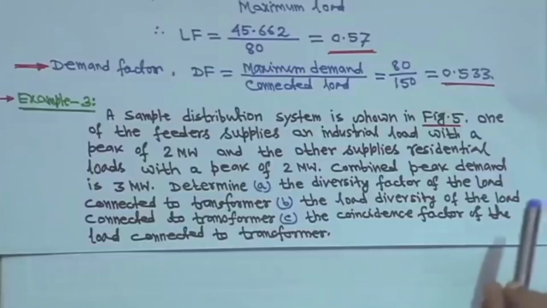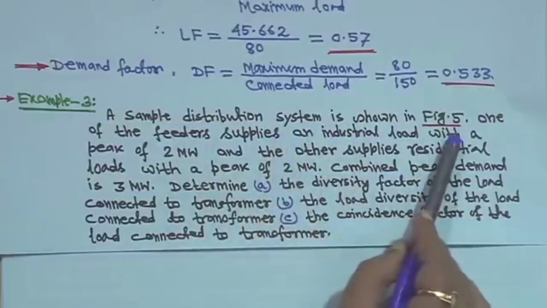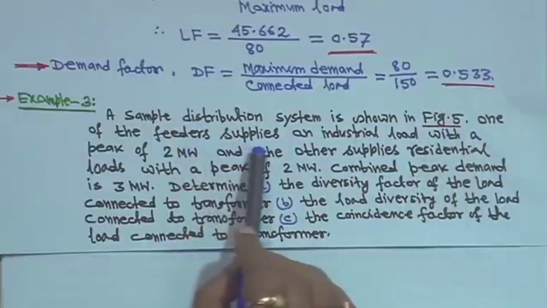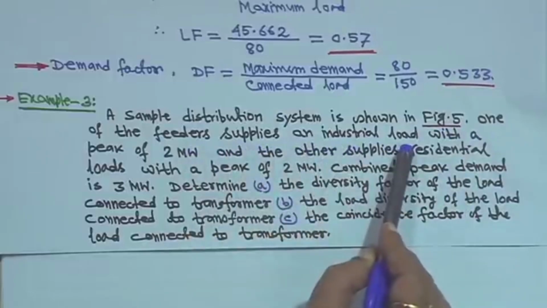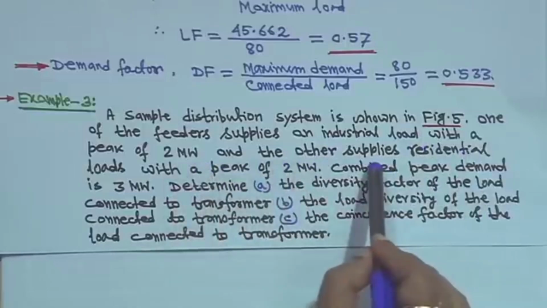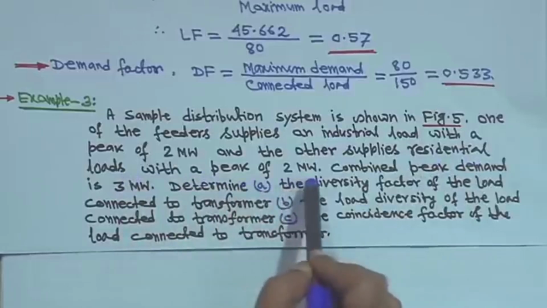Next is example 3. A sample distribution system is shown in figure 5; I will show you figure 5 later. One of the feeders supplies an industrial load with a peak of 2 megawatt and the other supplies residential loads with a peak of 2 megawatt.